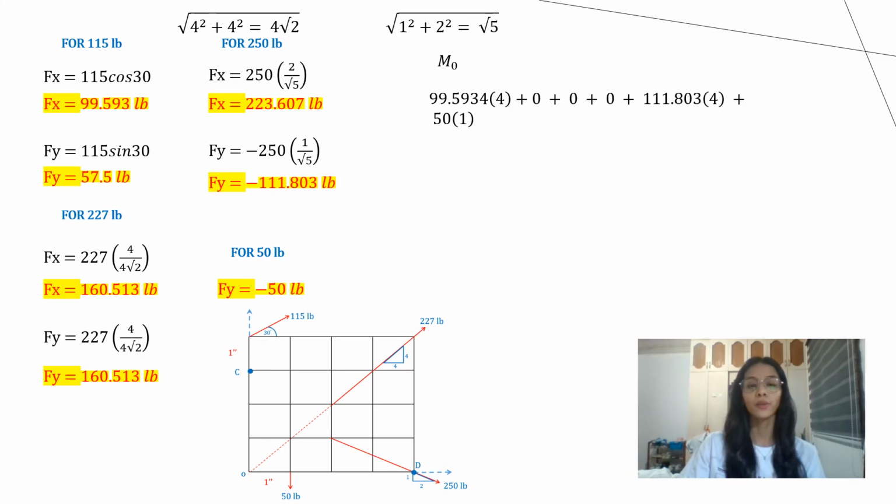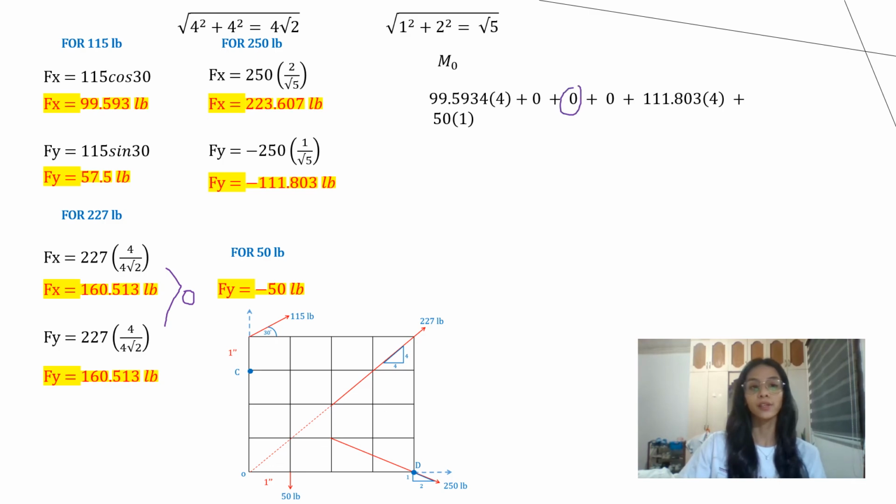So for combining the moments, we have 99.593 times 4, plus 0 since our Fy is 0. Since these two are already 0, I just put 0 for both of them.